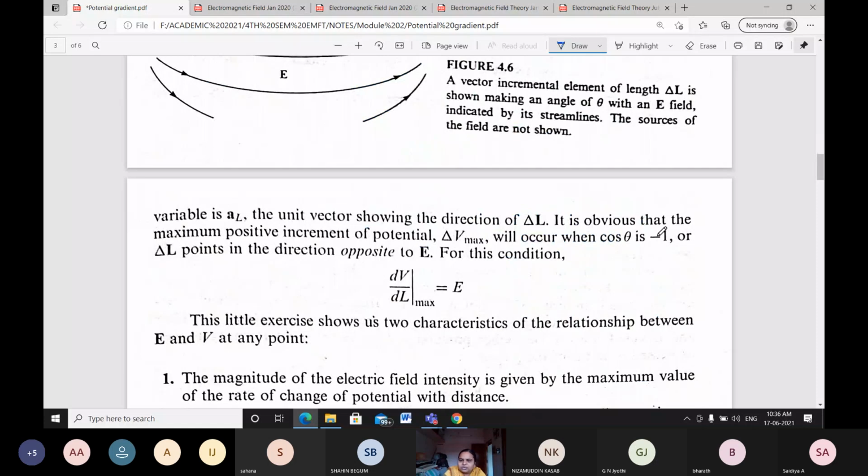When cos theta is minus 1, or delta L points in the direction opposite to E, in such conditions I can get delta V maximum. Therefore, dV divided by dl gets a maximum, equal to E only, when cos theta is minus 1, or delta L is in the opposite direction.